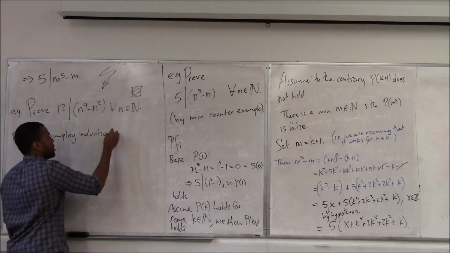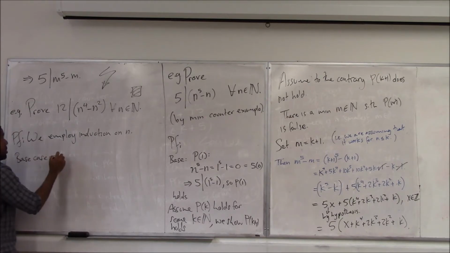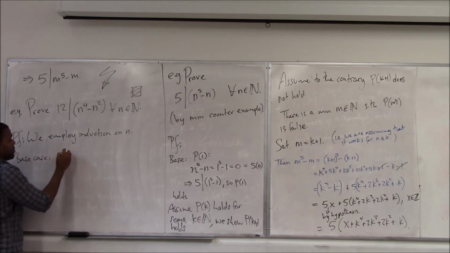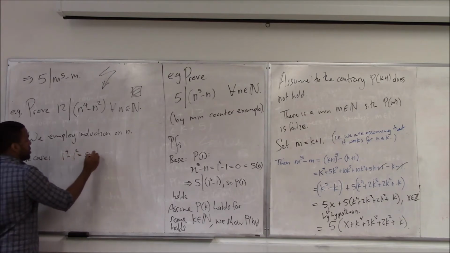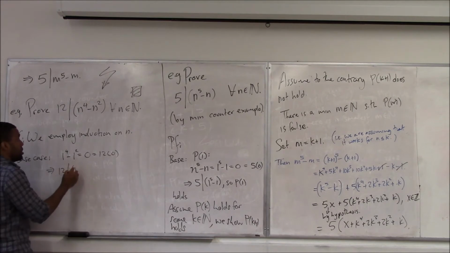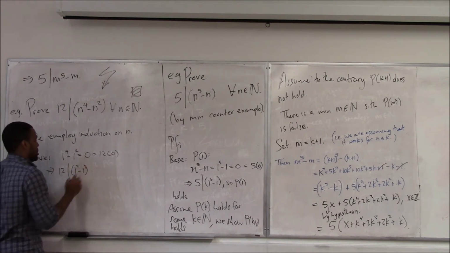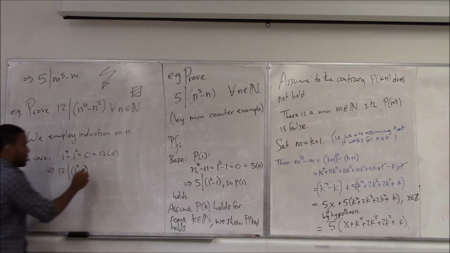So we're going to do induction on n for the base case. If I plug in 1 to the 4th minus 1 squared, that's equal to 0. That's equal to 12 minus 0, which means that 12 divides 1 to the 4th minus 1 squared. And so the base case holds.